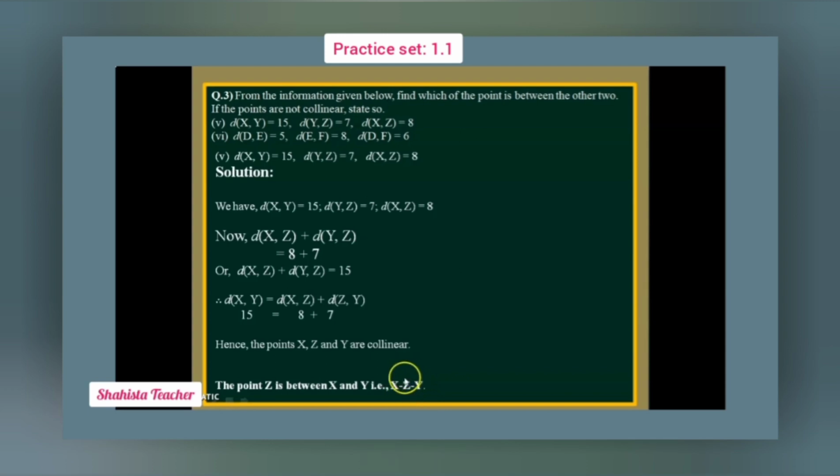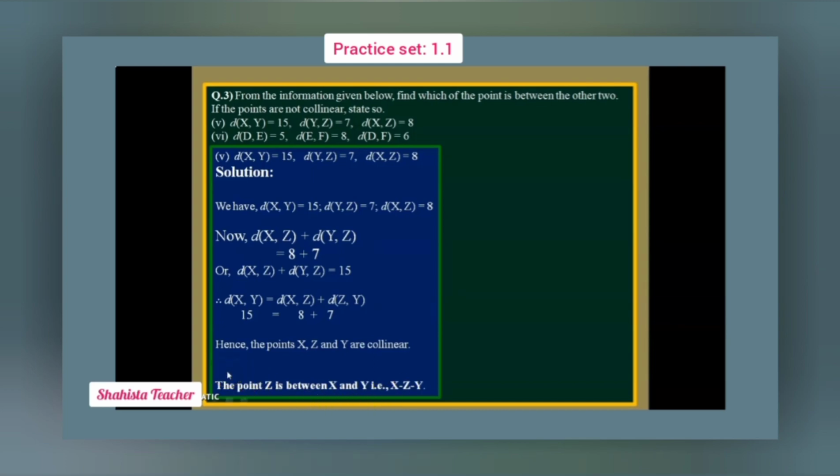So z is in between x and y. In this way we finish question number 3, sub-question 5, where all three points lie on the same line. That means it is a collinear point: x, z and y, z is between.